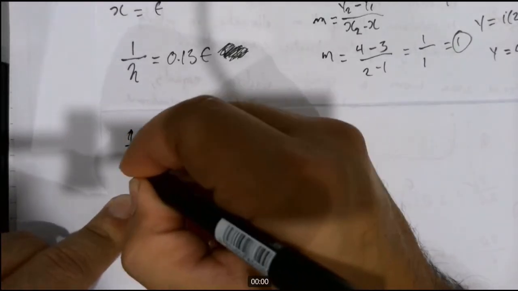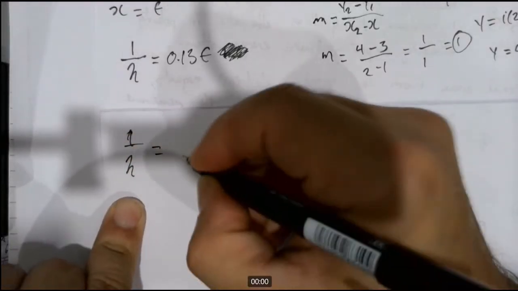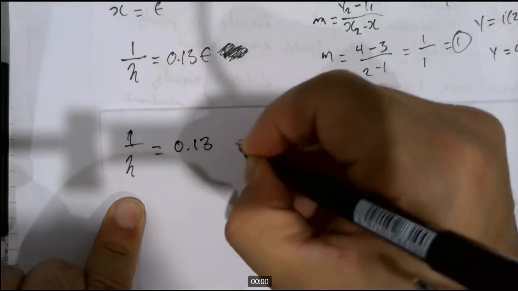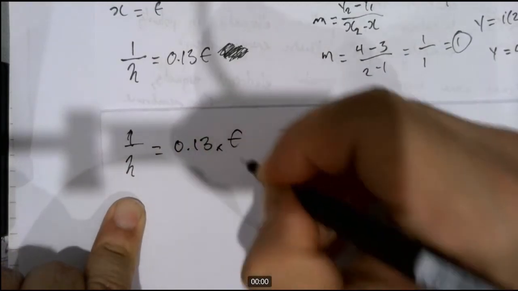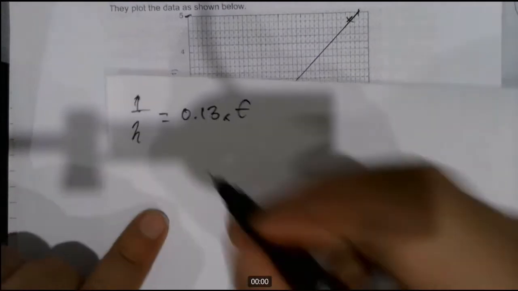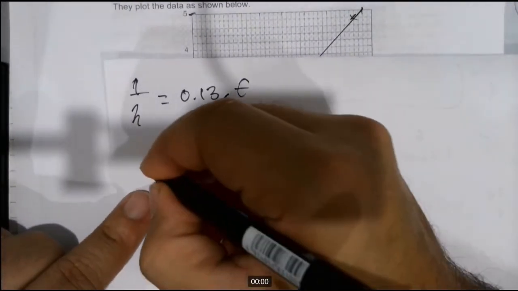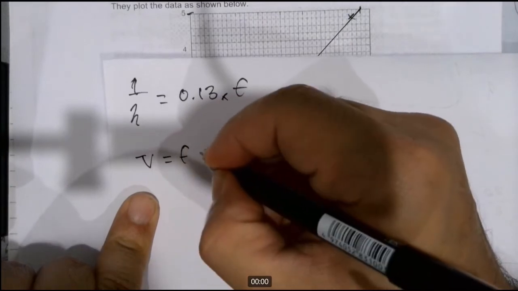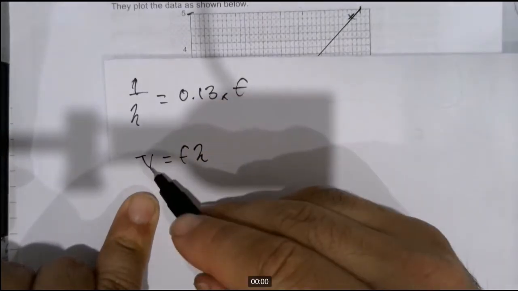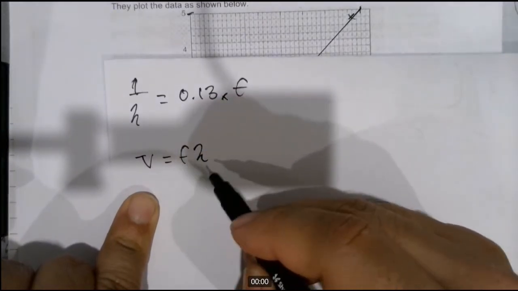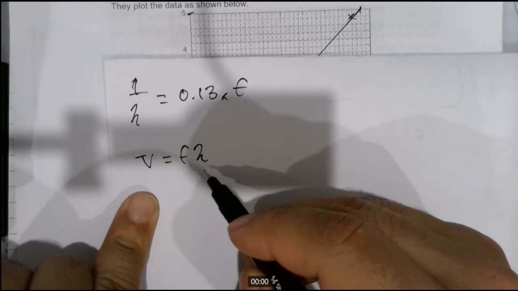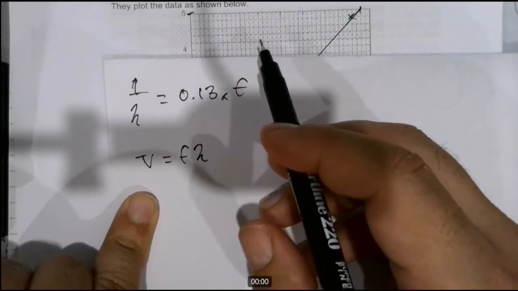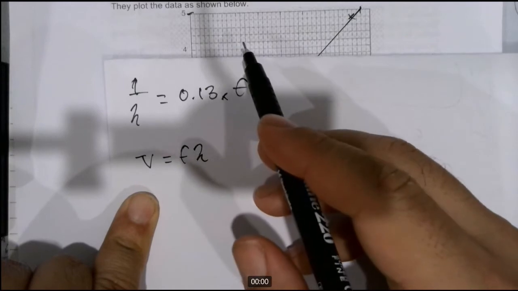So just remember, 0.13 frequency. You've come across that before in this expression: speed of a wave is equal to the frequency multiplied by its wavelength. We've just represented it as a graph here, and we've done some weird stuff to it.